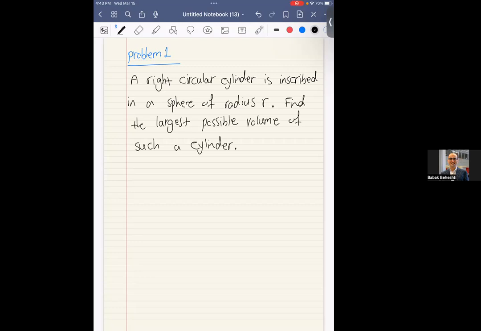So I can draw a picture. You have a sphere, first of all. Imagine that this is a sphere, and you have a cylinder sitting inside, inscribed in this sphere. It could be something like this, for instance.